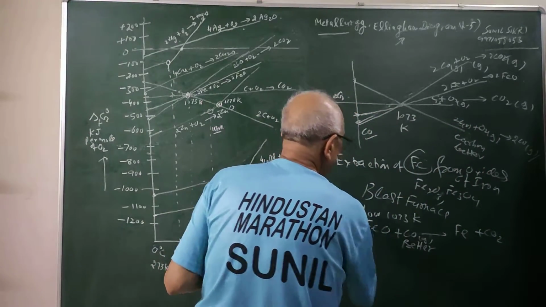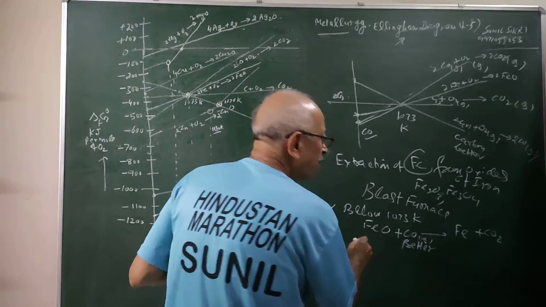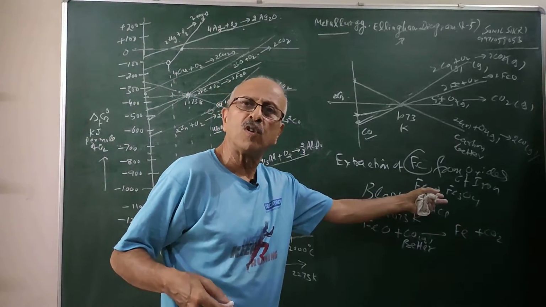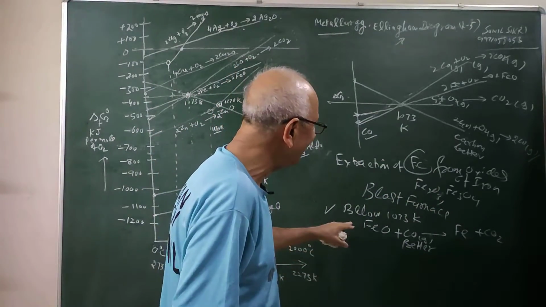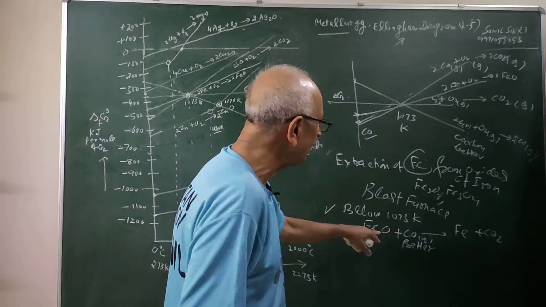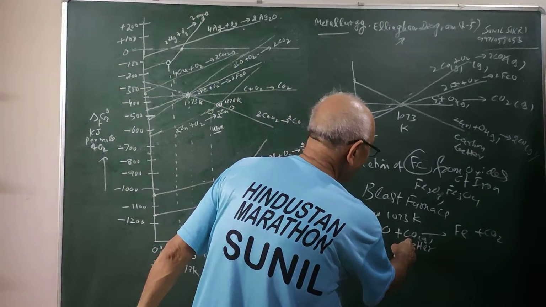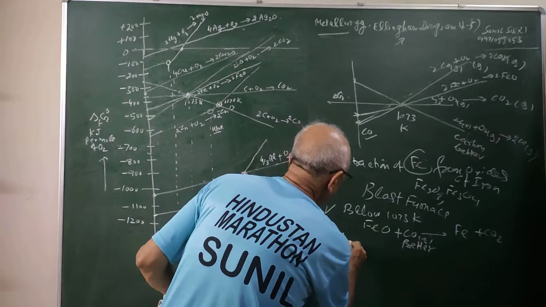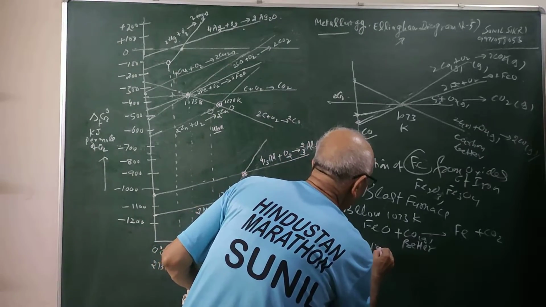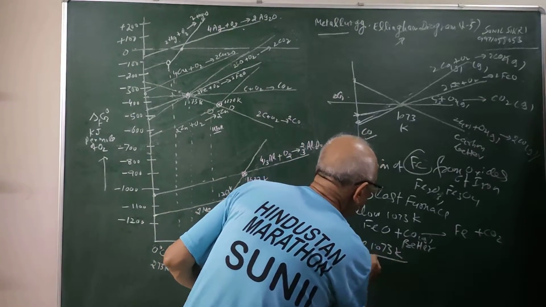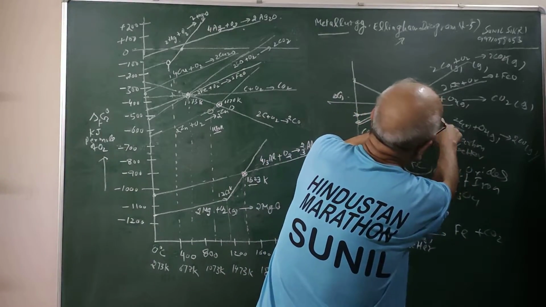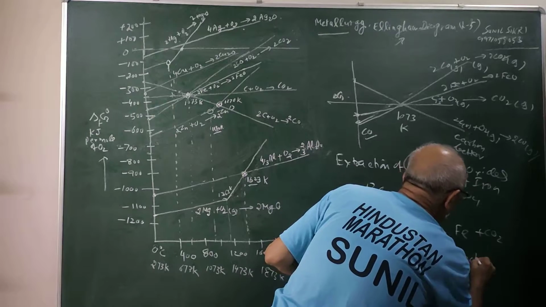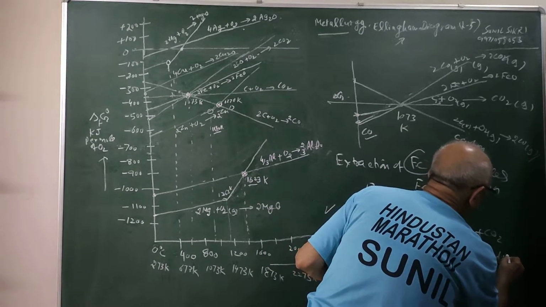So this is below 1073 Kelvin for the reduction of iron by using Fe3O4, Fe2O3 ores in the blast furnace. You will see there is a temperature range below 1073. Carbon monoxide acts as a reducing agent. This question has been asked in the exam, student. And above 1073 Kelvin, you find this is lower. Carbon acts as a reducing agent.